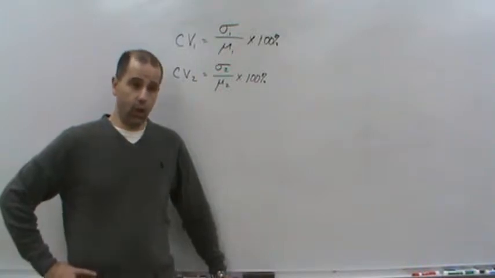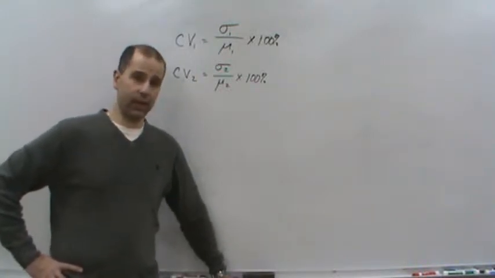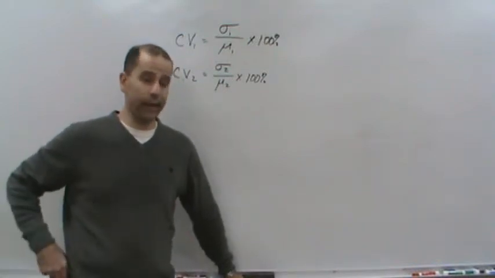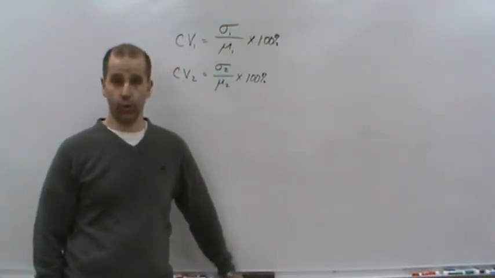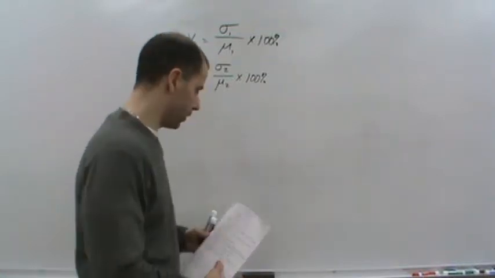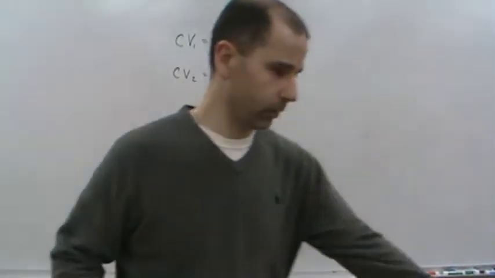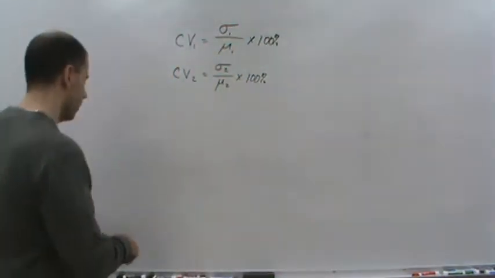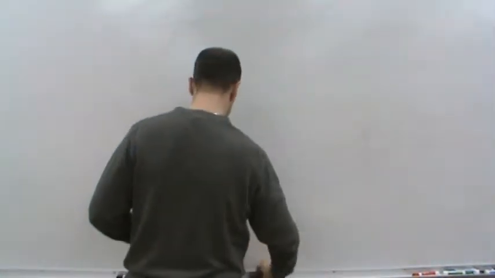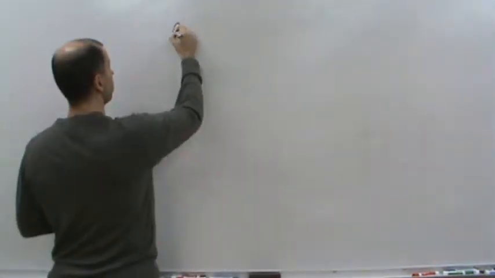If you know the standard deviation and the mean of a population, and you don't know anything else about the distribution, such as whether it's skewed or symmetric, then you can draw some conclusions using this theorem. So here's what Chebyshev's theorem says.